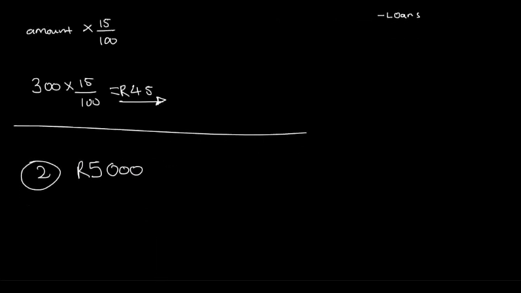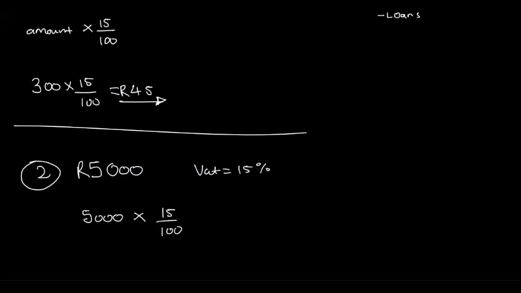Your VAT is going to be your amount, which is 5,000 rand, times, right, you know that your VAT should be 15%, which is 15 over 100.